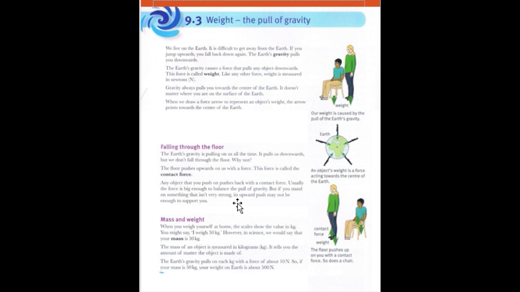It doesn't matter where you are, the mass is the same, students. On the earth, your mass is 50 kilograms, and then if you move to the moon, your mass will be the same, 50 kilograms. The earth's gravity pulls on each kilogram with a force of about 10 newtons.